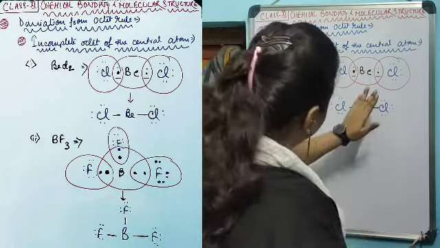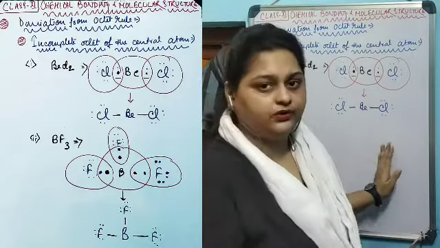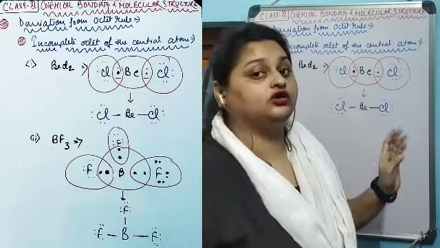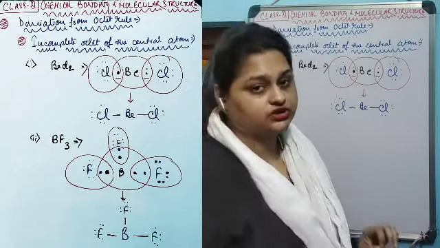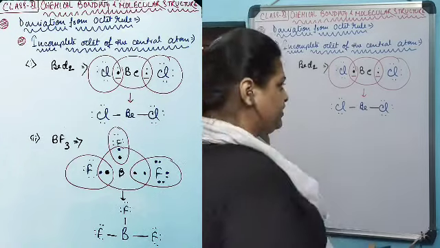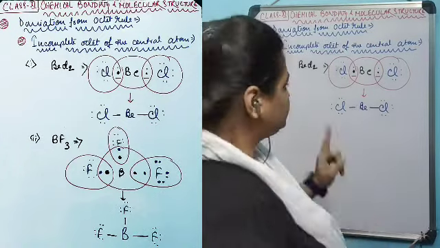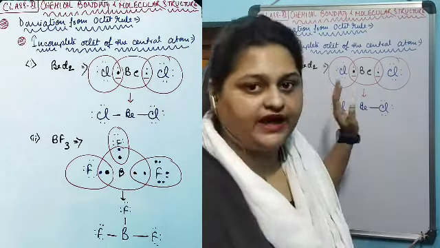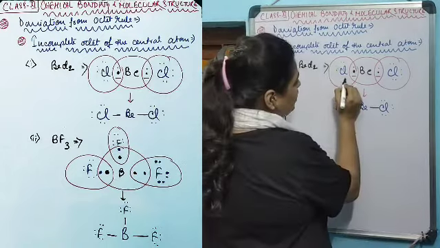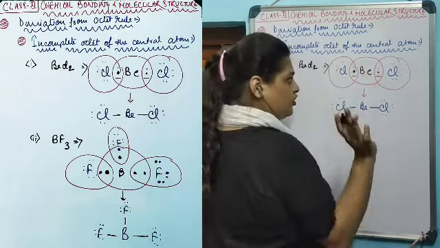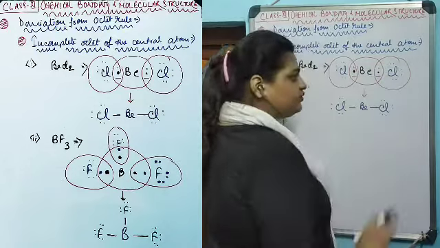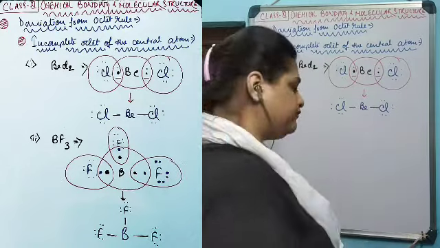Now, this is the formation of beryllium chloride according to the Lewis dot structure, which should have followed the octet rule, because the Lewis dot structure is based on the octet or doublet rule. Now let's count the electrons in their valence shell after the compound formation. For chlorine it is 1, 2, 3, 4, 5, 6, 7, 8, so the octet rule is filled. For this chlorine also the octet rule is fulfilled.